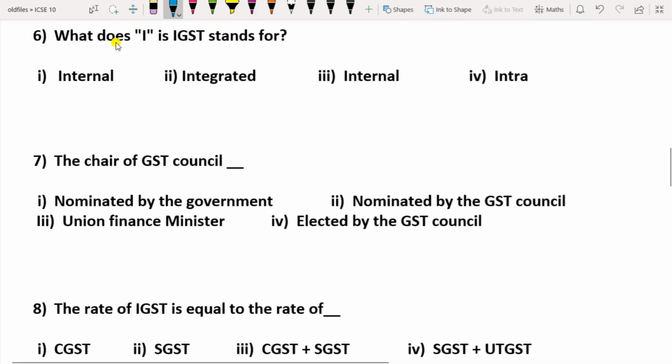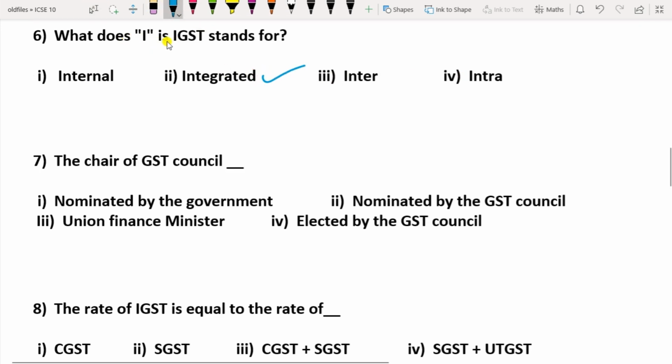Question 6 is, what does I in IGST stand for? Internal, integrated, inter or intra. It is integrated.